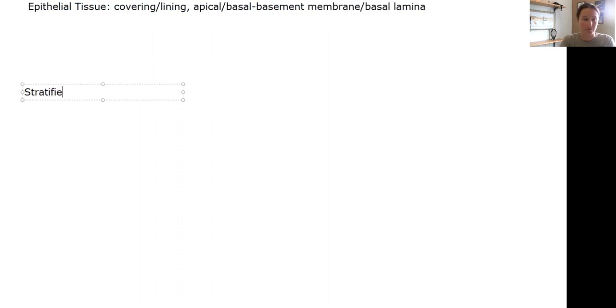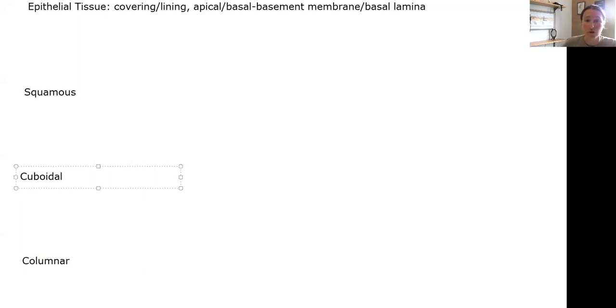We have squamous, we have cuboidal, and we have columnar. Even just the names of these things are going to tell us approximately what the shape is.